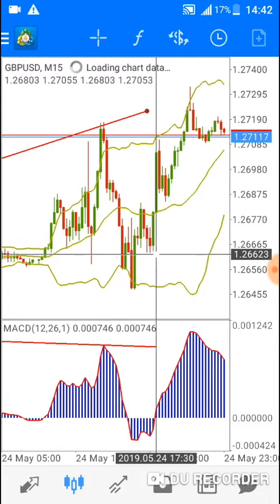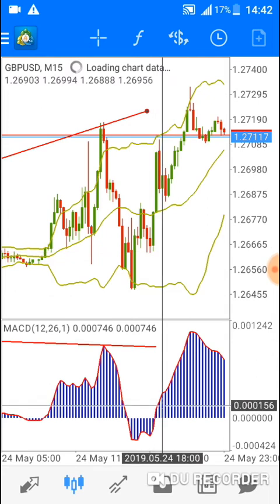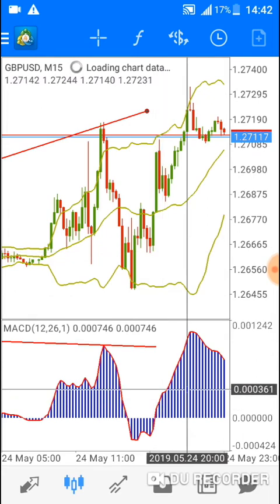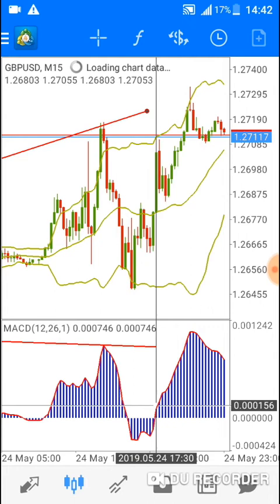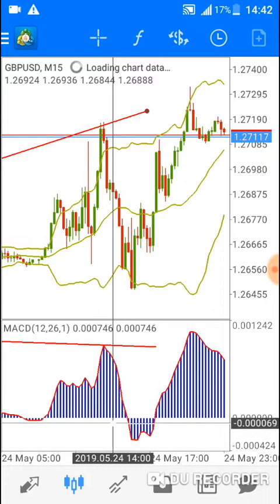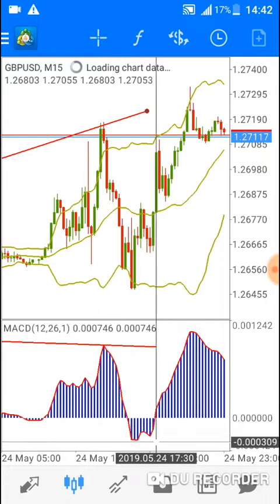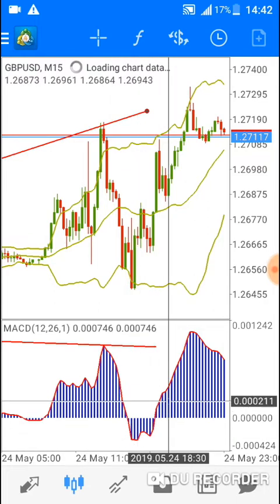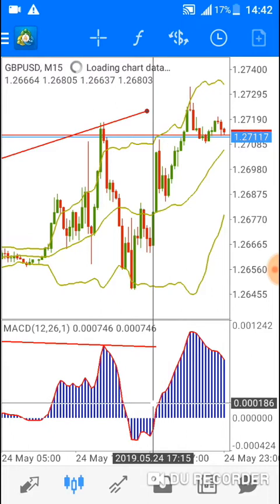You can close manually when the histogram of the MACD is forming in the opposite direction of your trade. In this case you are selling, so we expect the histogram of the MACD to be below the 0 line, but when the histogram starts forming above the 0 line, then we close our trade and take the little loss, or the little profit, or the break even.